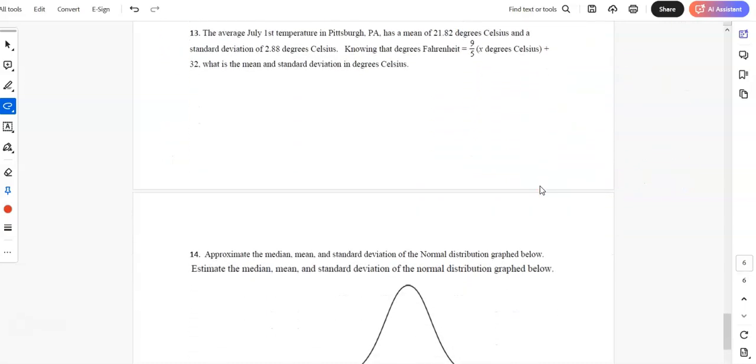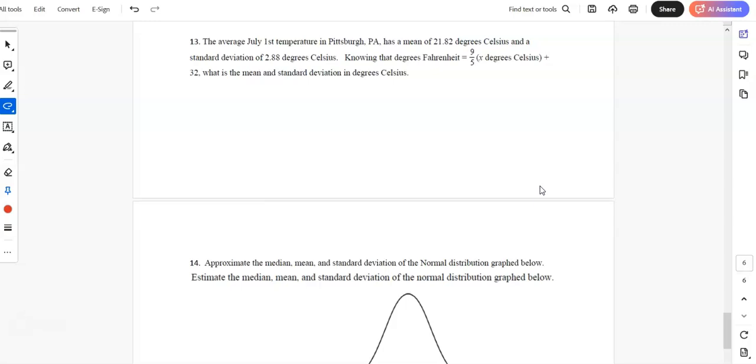Okay, the average, this one looks pretty straightforward. Average temperature, and so forth, you're going to convert the mean and standard deviation. Okay, so let's plug in. The mean is affected by both, right? So I'm going to take 9/5. This is for the mean. So the mean is going to be 9/5 times the mean, which is 21.82, plus 32 in the formula.